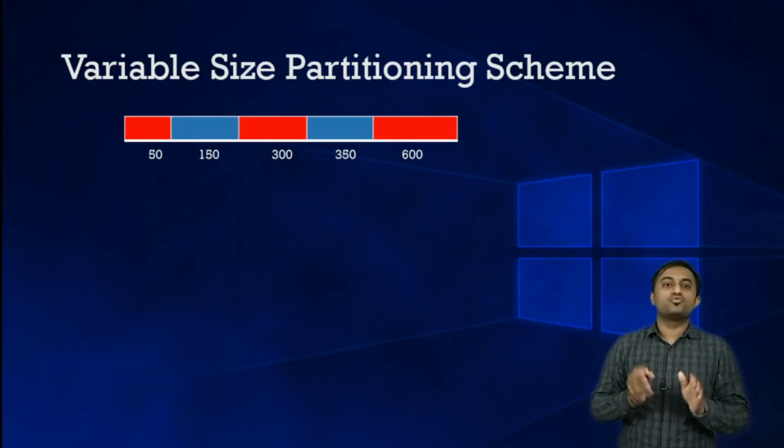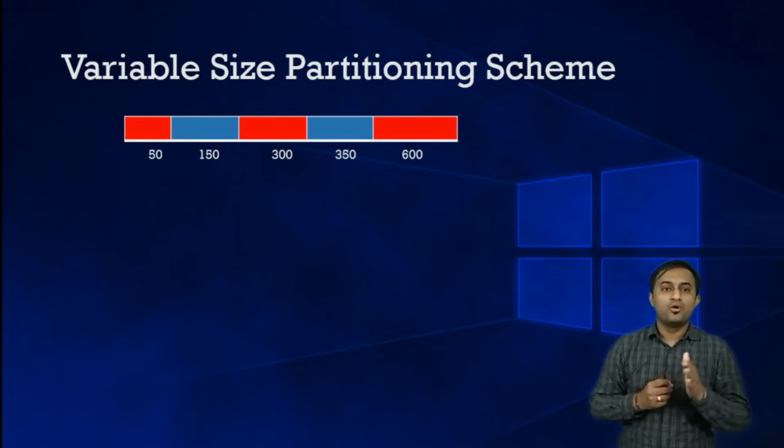I have used the different colors just to differentiate which blocks are available and which blocks are already occupied. The blocks which are in red color are already occupied, so those blocks are not available to satisfy the upcoming request.